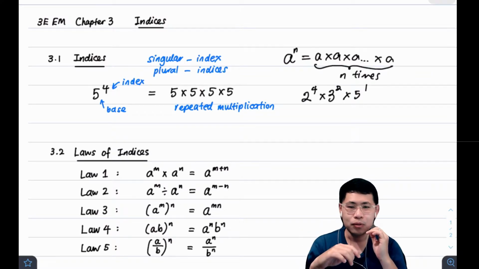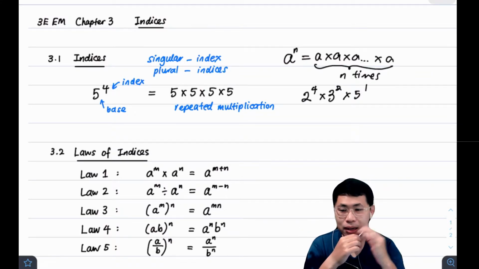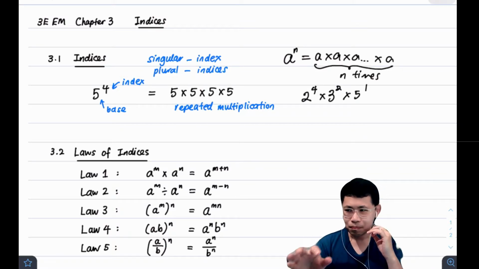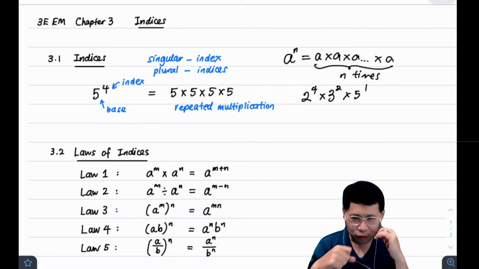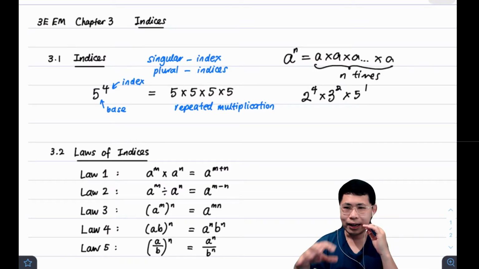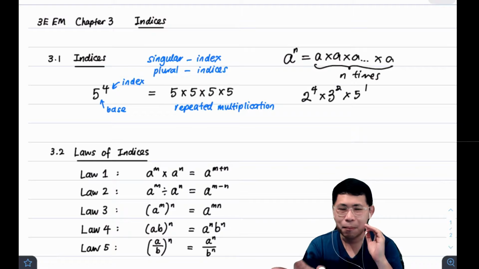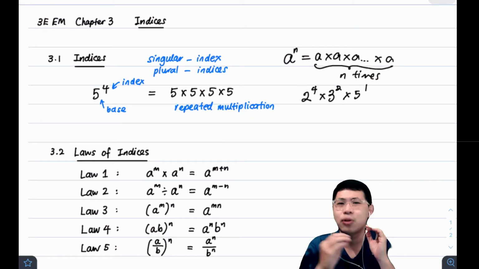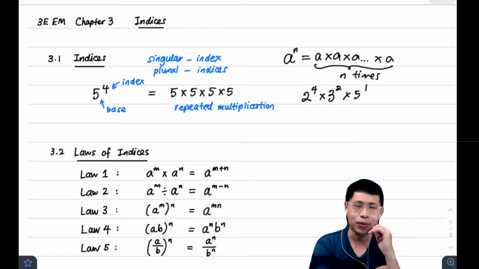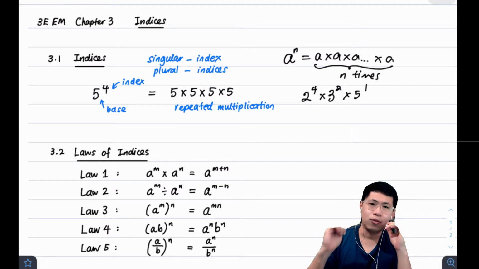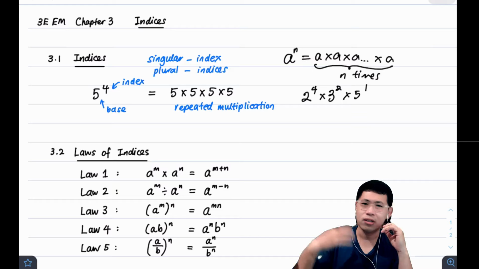Next we're going to look at some laws of indices. For this part, it may feel overwhelming, but I encourage you to not just take these laws and memorize them, but really understand what is going on in these laws. Over here we have 5 basic laws of indices, and we are going to make use of these laws again and again.